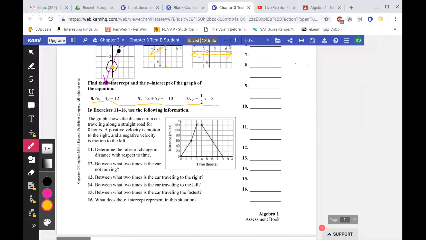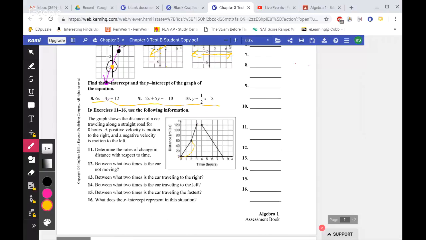A positive velocity is a motion to the right, and a negative velocity is to the left.